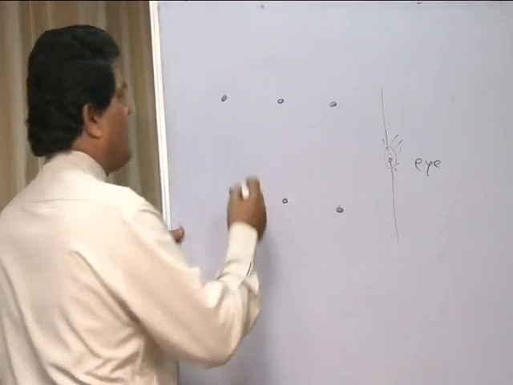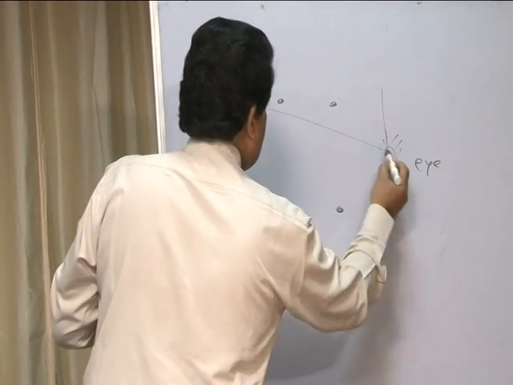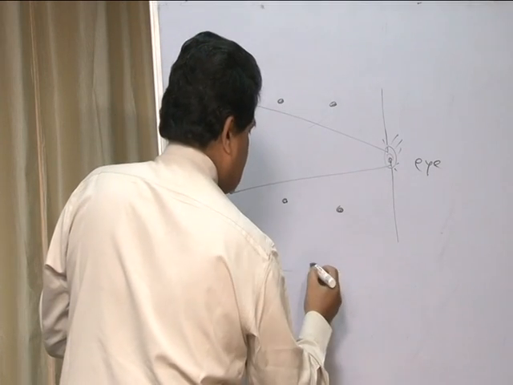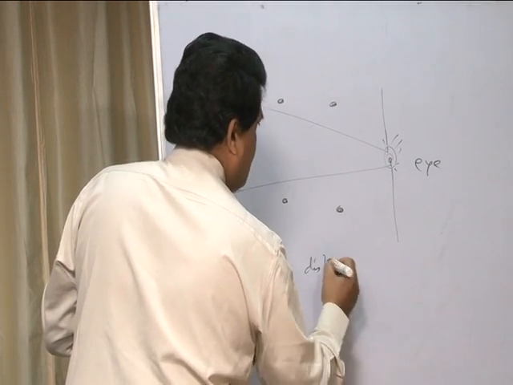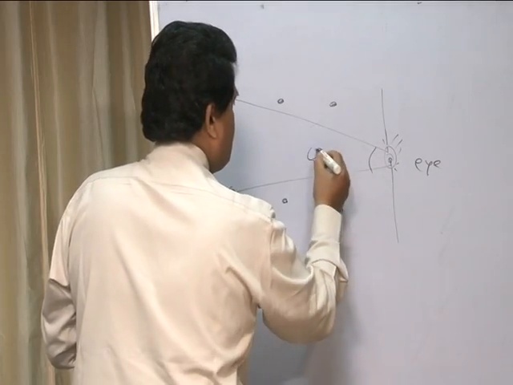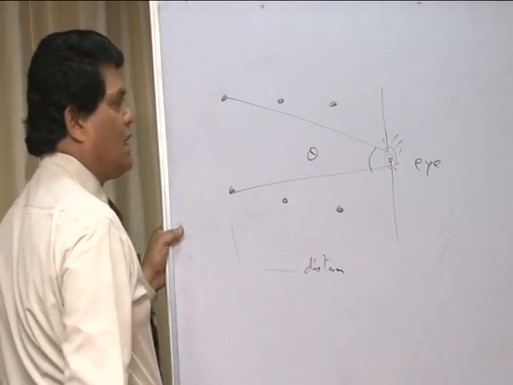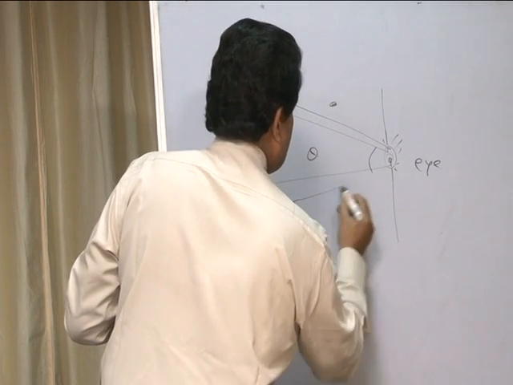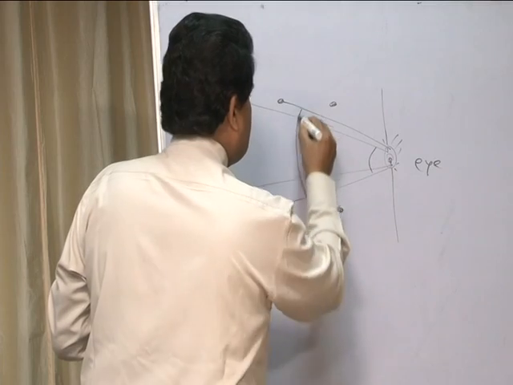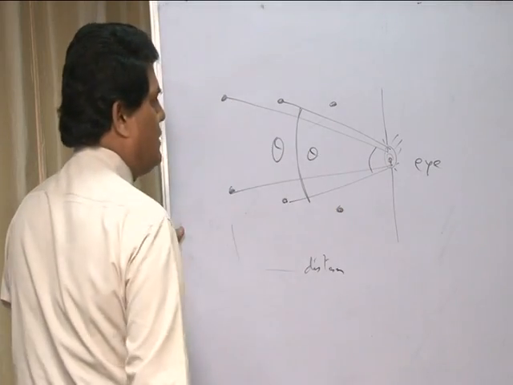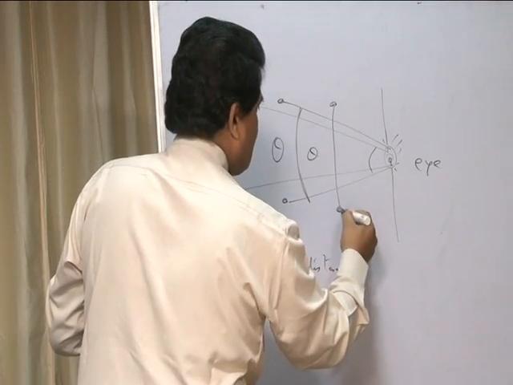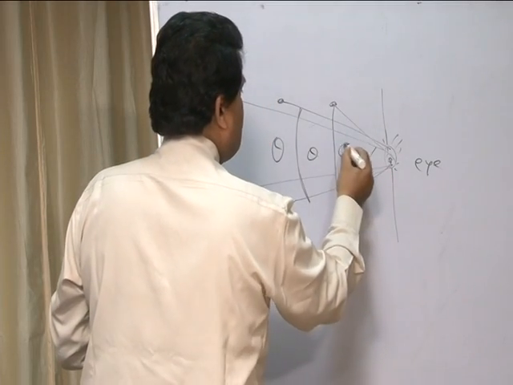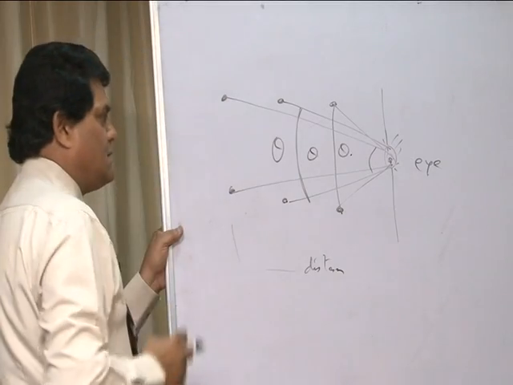Now what happens is diffraction takes place. Let us say this is the distance, and here you have an angular separation between the two objects, theta. As the car approaches, this angular distance theta goes on increasing.